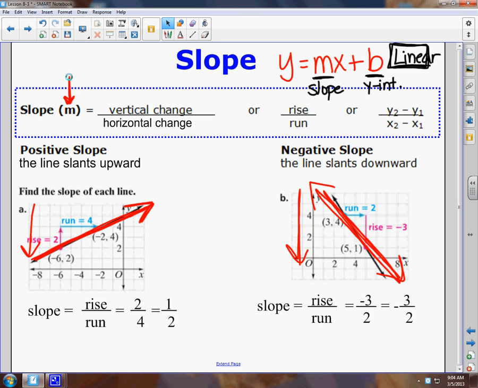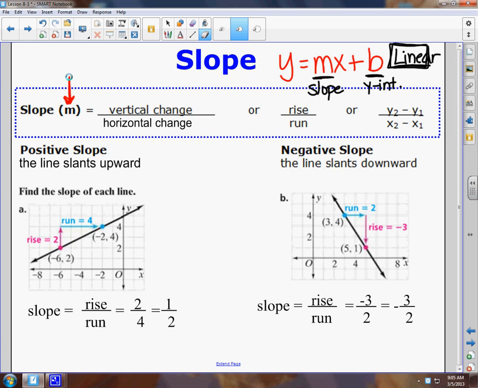All right, so there's a couple different ways to find slope. And if you wrote down the blue box, you saw this first way is called rise over run. So what that means is if I pick 2 points on my line, they have to be on the line, I figure out how do I get from one point to the other point.